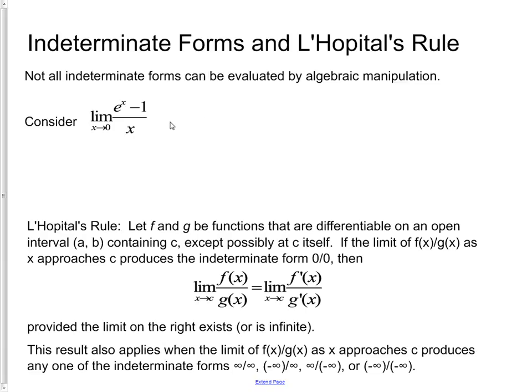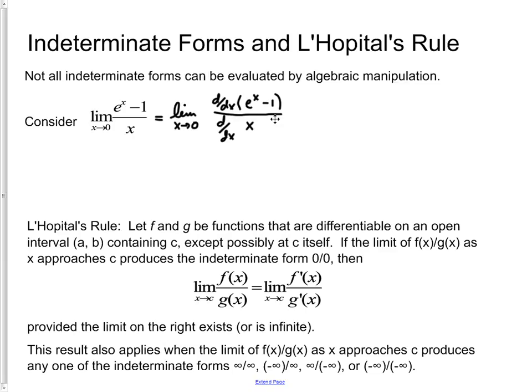In this rule, what this is telling us is that if I have (e to the x minus 1) over x, to evaluate this limit, rewrite it so that we would be taking the limit as x approaches 0 of the derivative of the numerator over the derivative of the denominator. So let's take the derivative of our numerator, e to the x minus 1, and the derivative of the denominator, x.